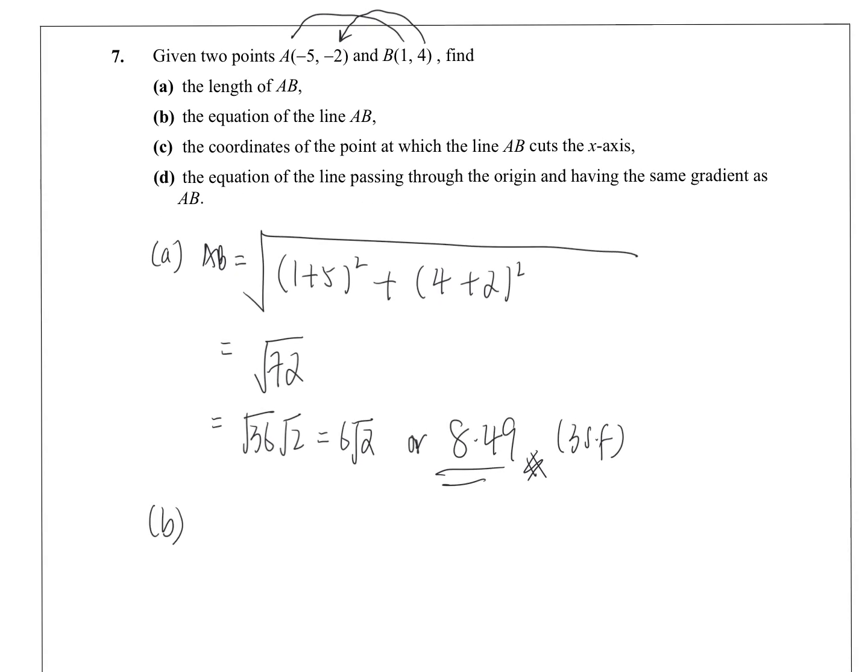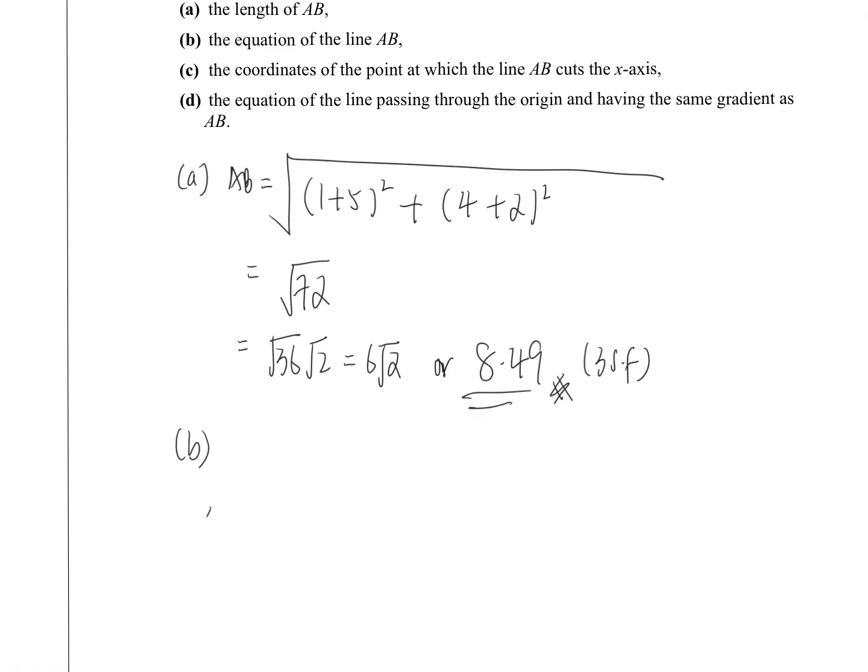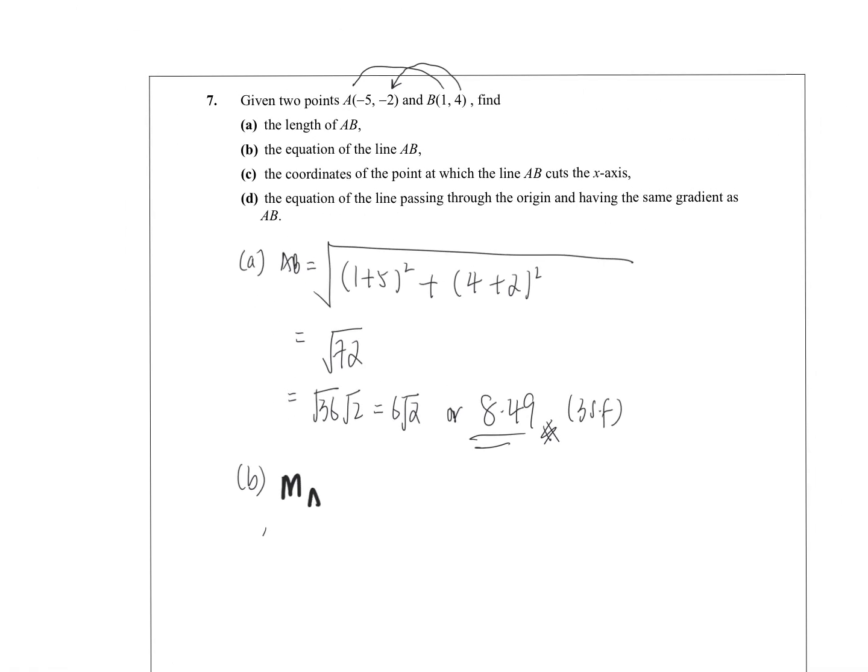Okay, part B, the equation of the line AB. First, go and find the gradient. So gradient of the line AB is y2 minus y1 over x2 minus x1. So you will get, oh, it's 5, sorry. So 6 over 6, so your gradient is 1. Pick 1 point. I will pick B. So gradient is 1 and B is (1, 4).